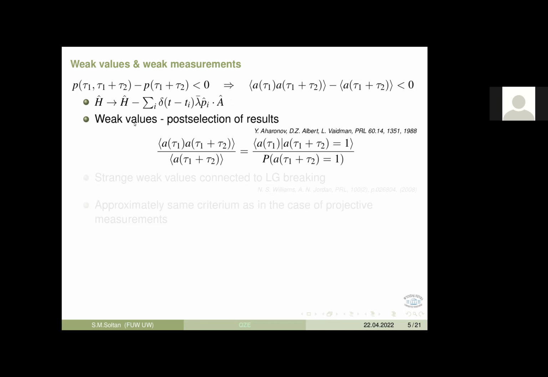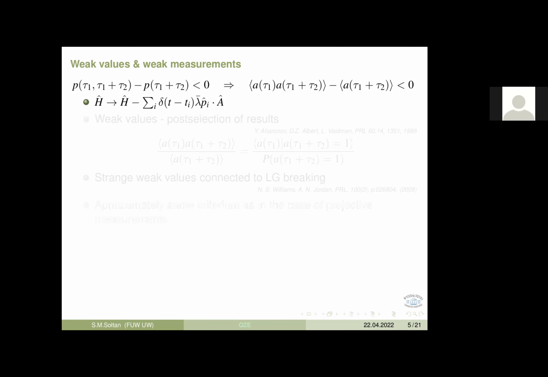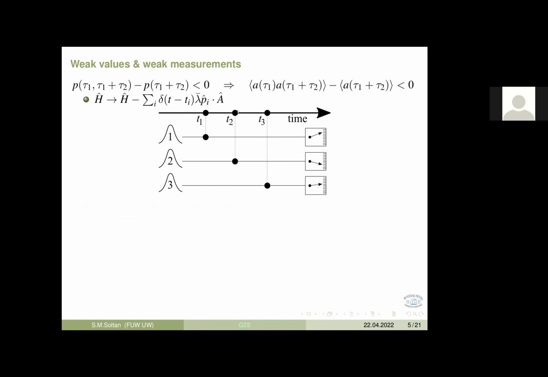The weak values were introduced by Aharonov, Albert, and Vaidman, and they are more or less like this: we first perform some weak measurement, weak in the sense I highlighted before, where we take the coupling strength between the measurement apparatus and the quantum system to 0.